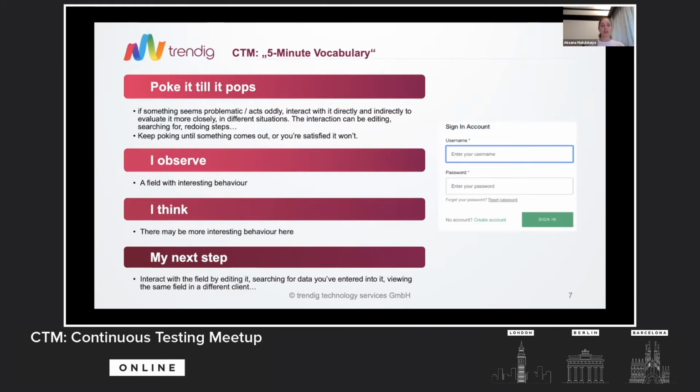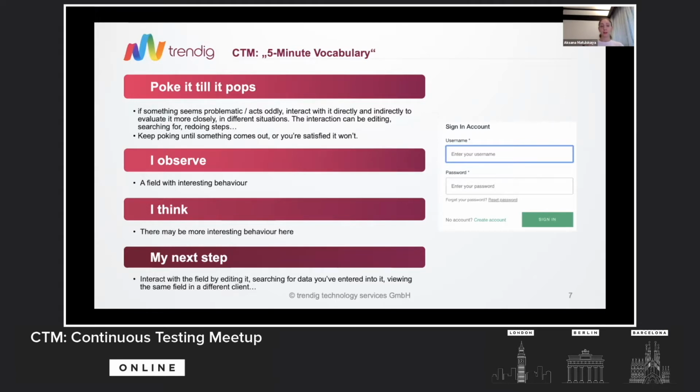If something seems problematic or interesting, interact with it directly or indirectly to evaluate it more closely and in different situations. For example, if you have a sign-in form with a username and password, and you enter a valid username and password, and suddenly the username disappears, you observe a field with interesting behavior.